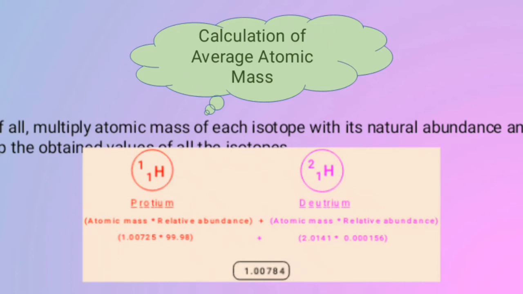We will simply add the products of atomic mass of both of these isotopes with their relative abundance, and it came out to be 1.00784. Also notice that the relative abundance of protium isotope is very high, therefore the value of average atomic mass is more closely related to protium.